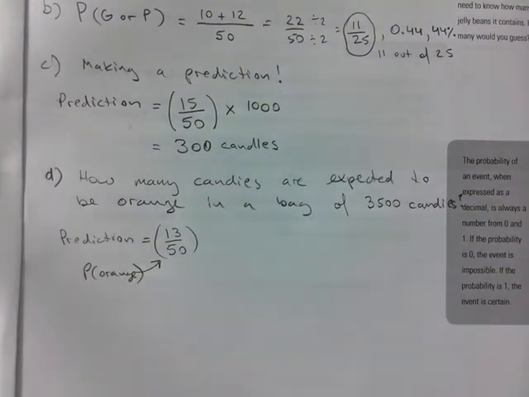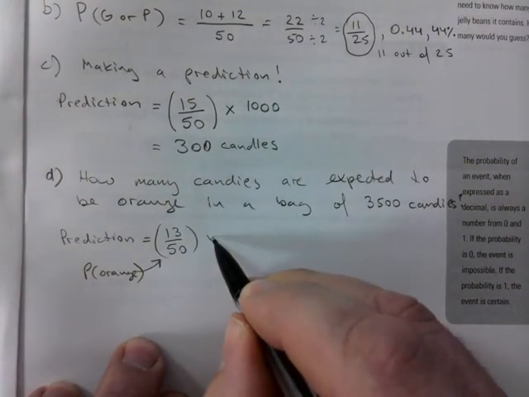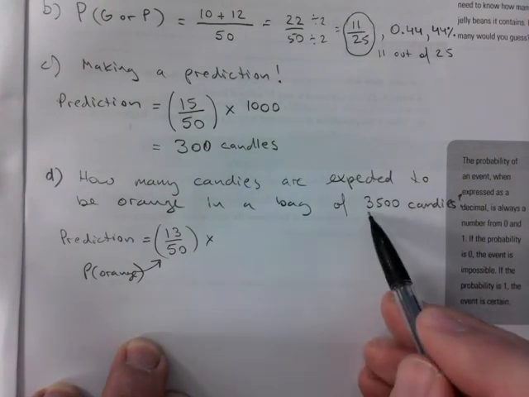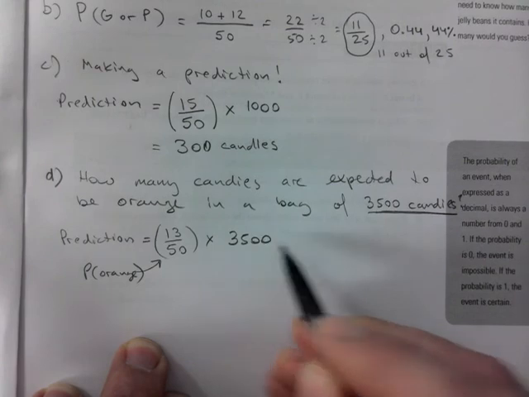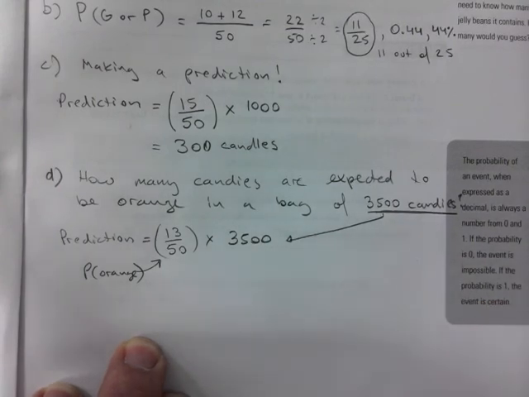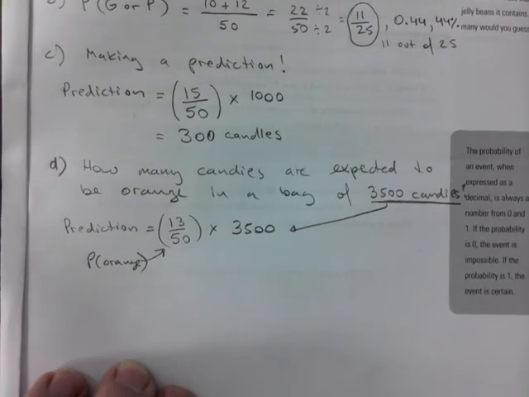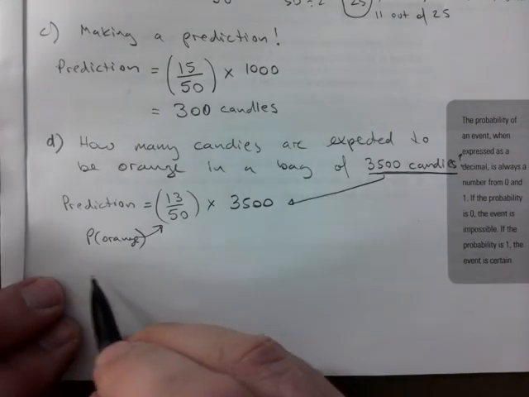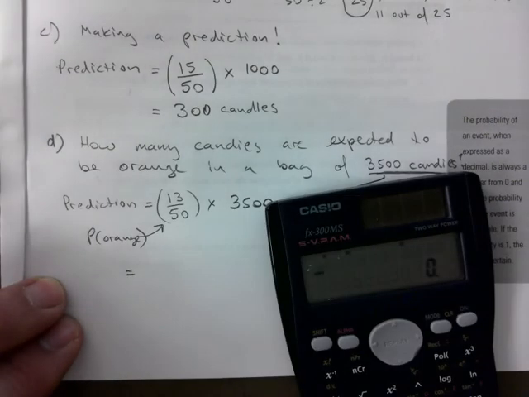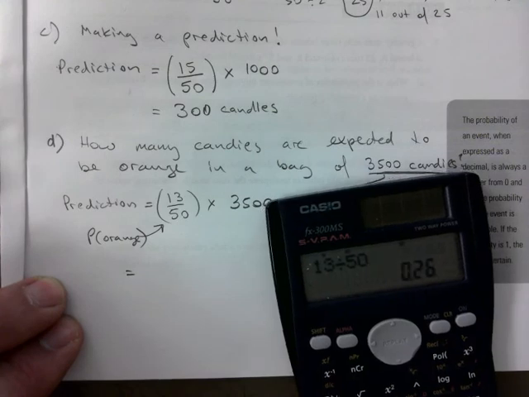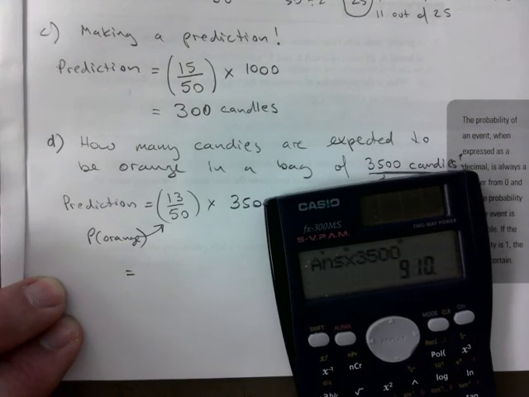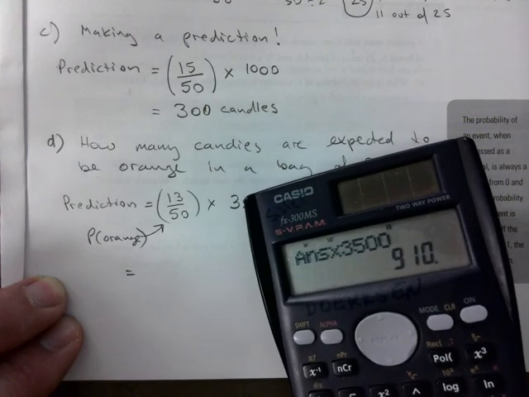And then you multiply that by the number of the larger sample that you have here, which is the 3,500 bag, right? So that would give us, watch this, I hope this is going to be a decimal. So 13 divided by 50 times 3,500, and that is exactly 910.